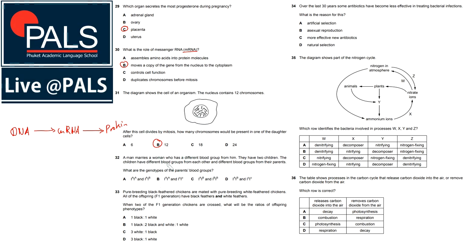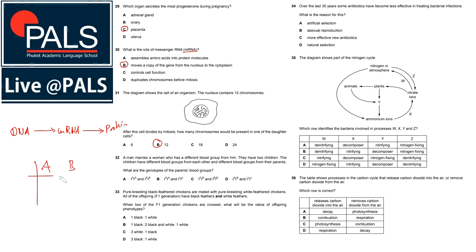A man marries a woman who has a different blood group from him. They have 2 children. The children have different blood groups from each other and different blood groups from their parents. What are the genotypes of the parents' blood groups? That must be D. This is the only option. One parent has blood group AB.